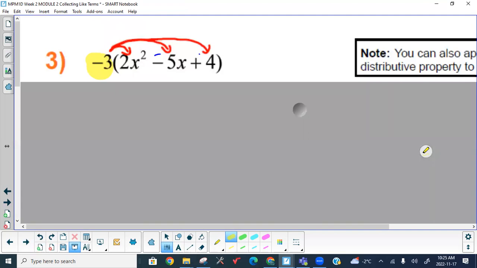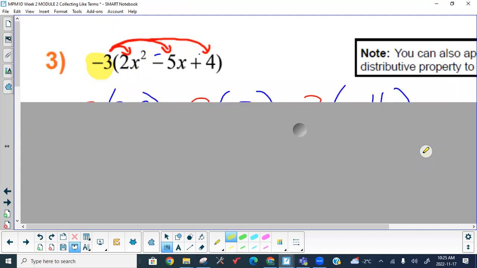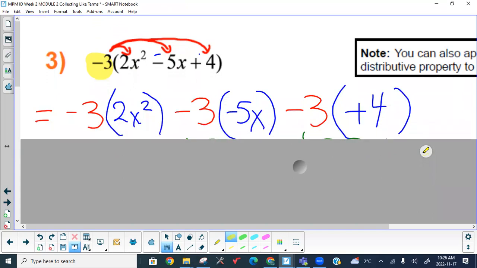Yes. In order for something to be like terms, they have to have the same variable as well as the same exponent. So we can't combine anything. What we can do is apply the distributive property.